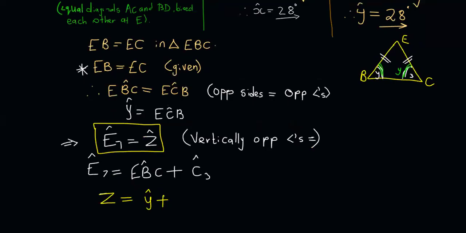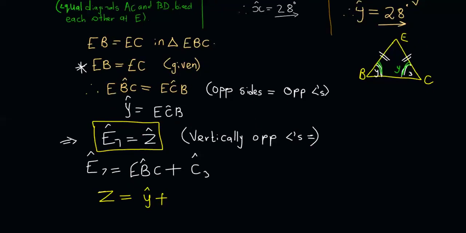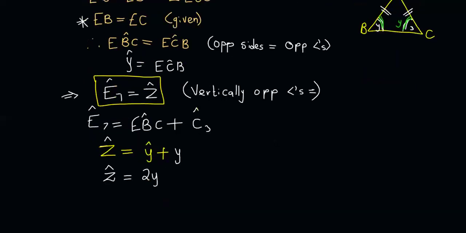And then look at this. The size of angle Z, you put a cap to show that you are talking about an angle. It's equal to, when you add Y plus Y, that is 2Y, right? You can just say 2Y right here. And then now you substitute. Angle Z is equal to 2 into, what did we get the size of angle Y to be?